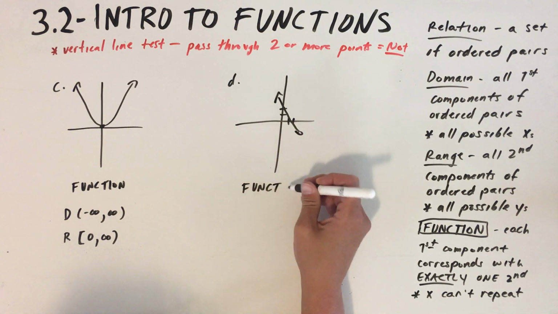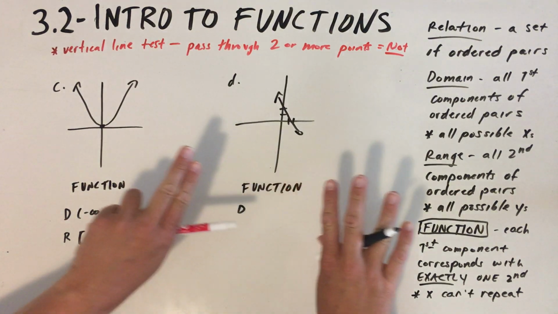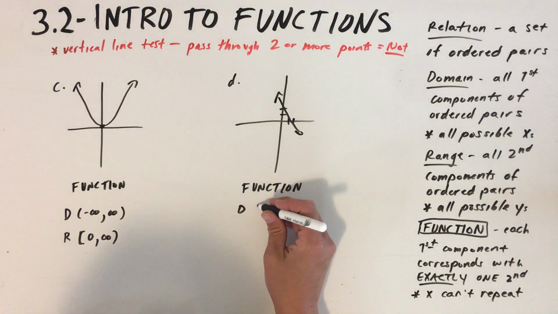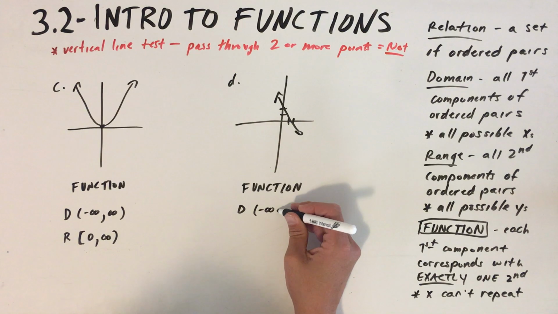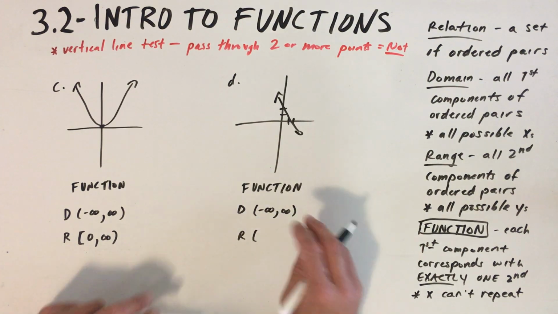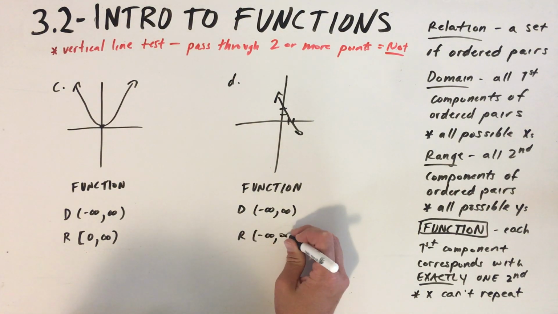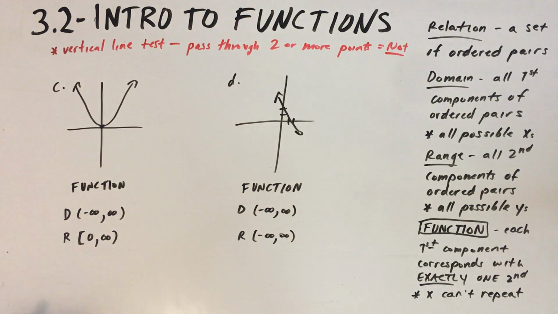And this line goes on forever in the x direction, so the domain is again going to be negative infinity to positive infinity. And the range is also going to go on forever, so it's going to be from negative infinity to positive infinity. So hopefully that gives you a good idea of what domain and range are.